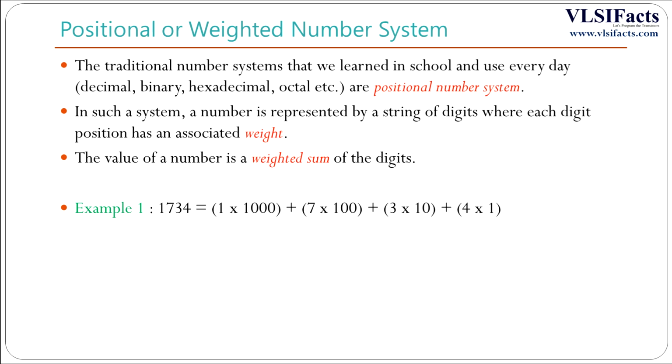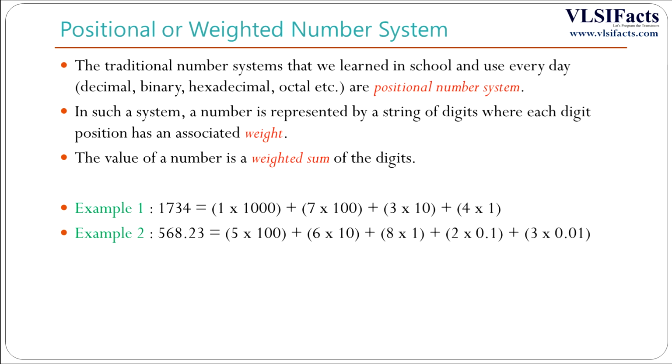Similarly, for another example which is a decimal floating point number, let us say the number is 568.23. This particular number can be represented in its weighted form as 5 into 100 plus 6 into 10 plus 8 into 1 plus 2 into 0.1 plus 3 into 0.01.